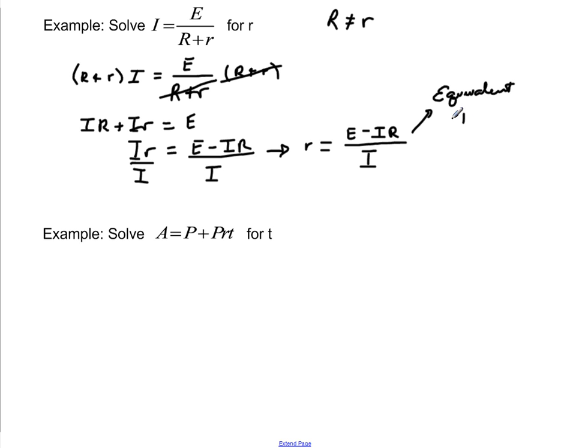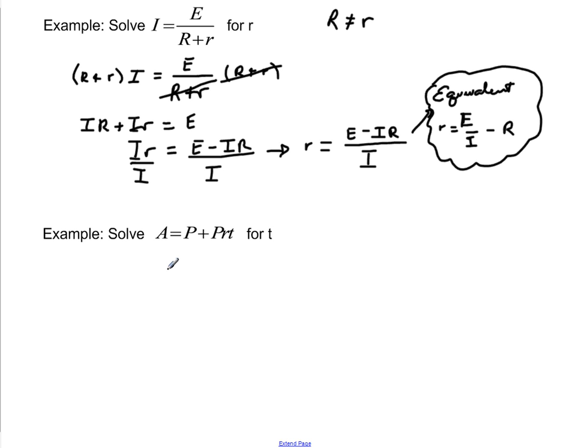If I were to take small r and say it was equal to capital E over capital I, and separate it out as a separate fraction, minus I R over I, right? So we might see that. Well, there are other equivalent equations that we can end up with if we separate things out. So don't panic if you have one form or another. Just make sure that the two things are equivalent.